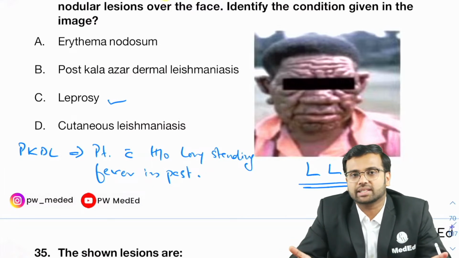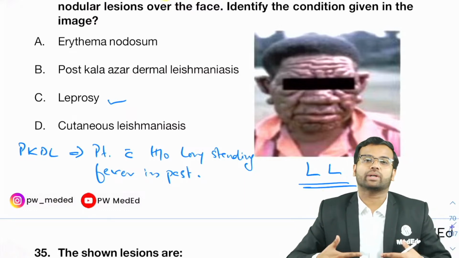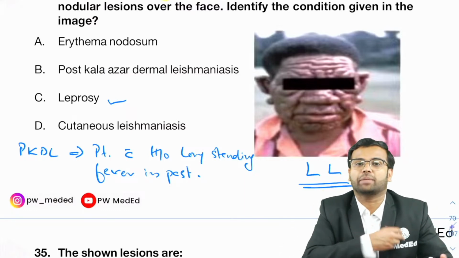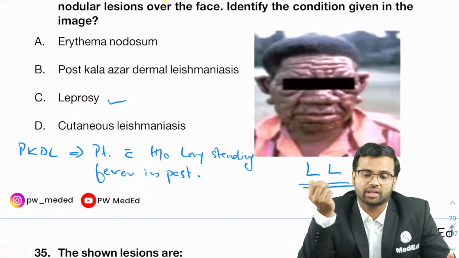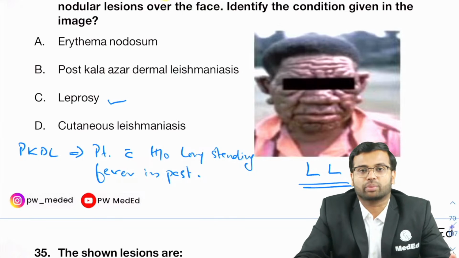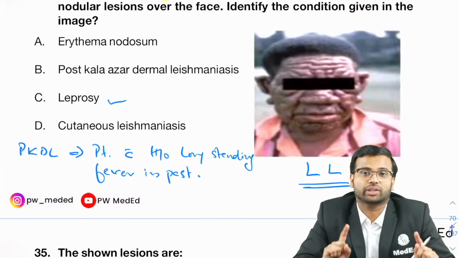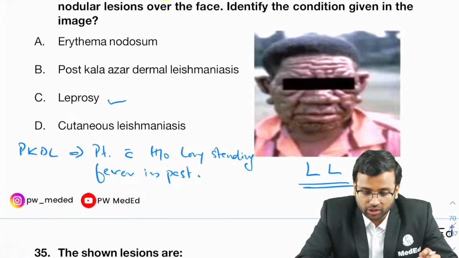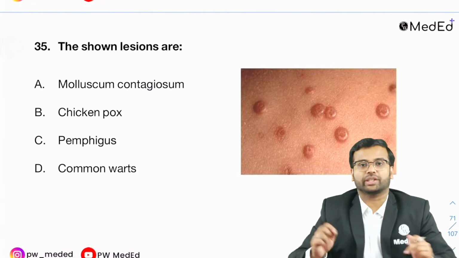Now, what are the clinical symptoms in lepromatous leprosy? The patient may have numerous hypopigmented patches over the trunk along with nodular lesions over the face, isn't it? So that is how it is going to present. It is going to be the same. The difference you have to make is based on the history of fever. Fine. So Jayasurya, Satyajit, all of you are answering. Excellent. Now let's move to the next one.